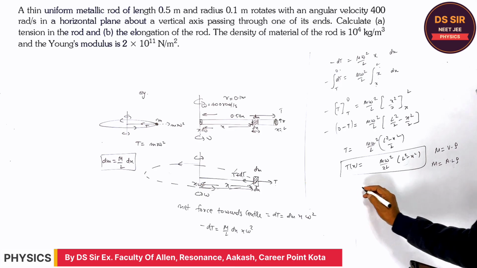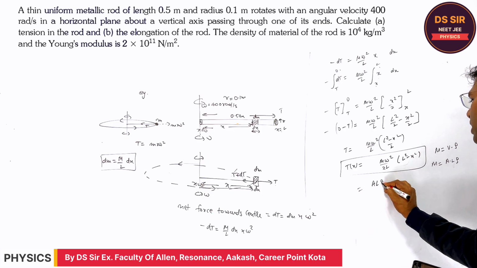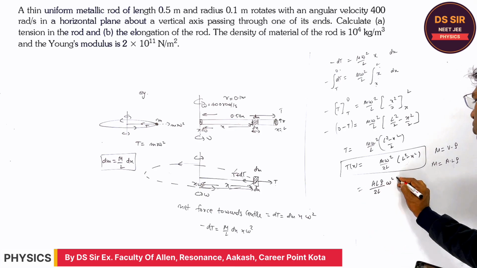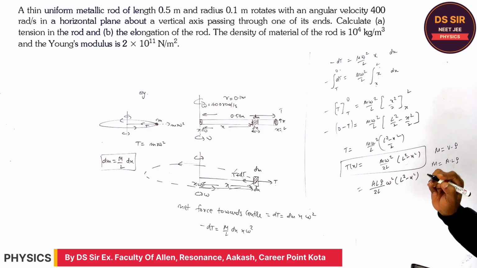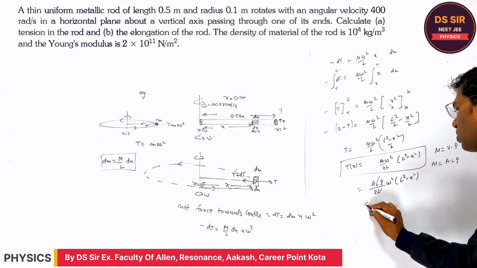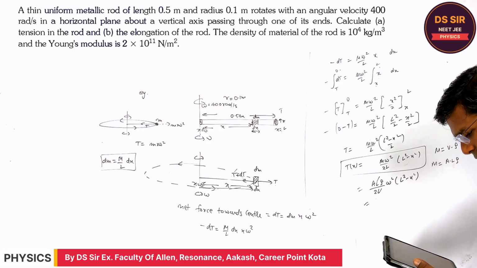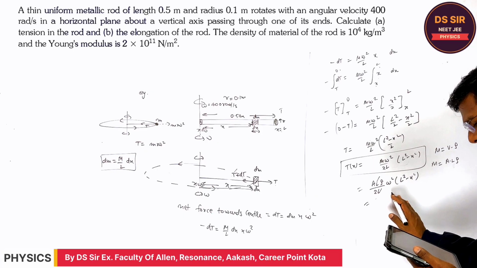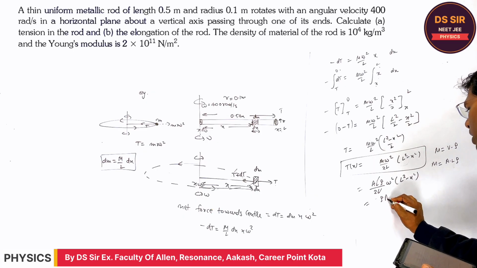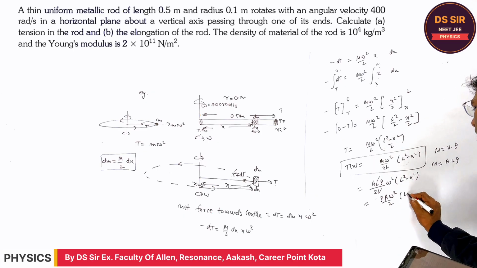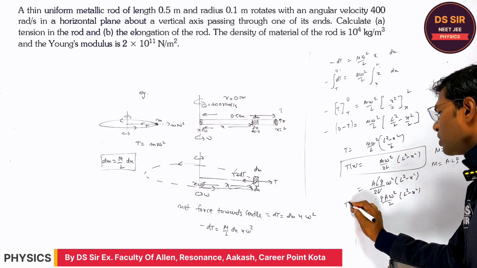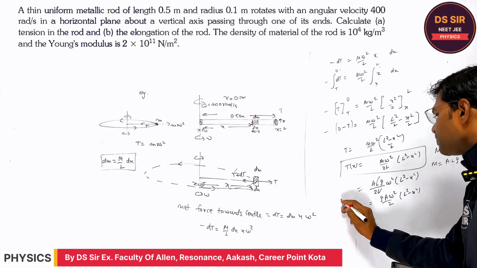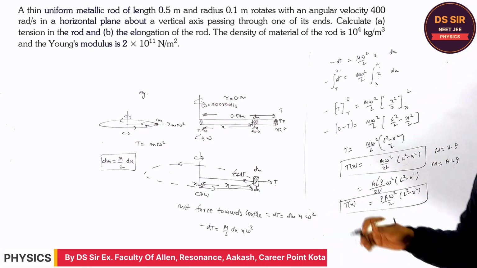So A into L into density upon 2L, omega square, L square minus x square. L will cancel out. So this is equal to rho A omega square by 2 into L square minus x square. So this is the tension in the rod as a function of x.